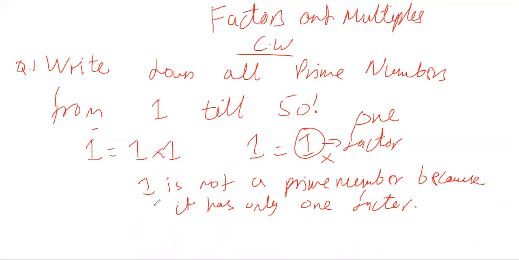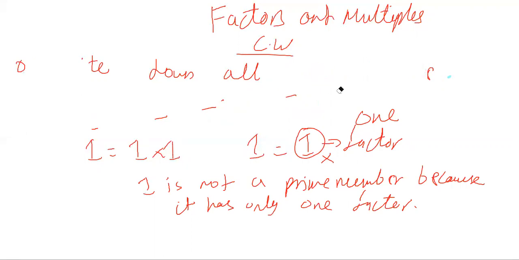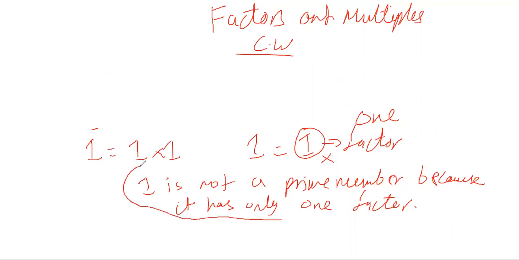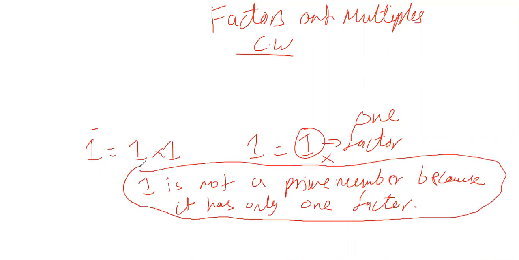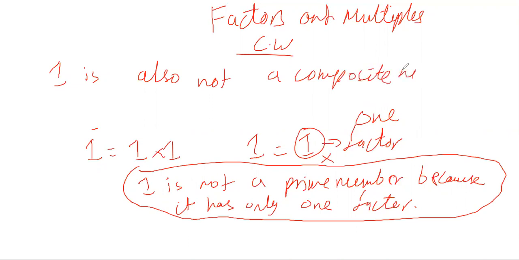Okay. What is the definition of composite number? Composite numbers are those numbers which have more than two different factors. But one has only one factor, so one is also not a composite number, because it has only one factor.